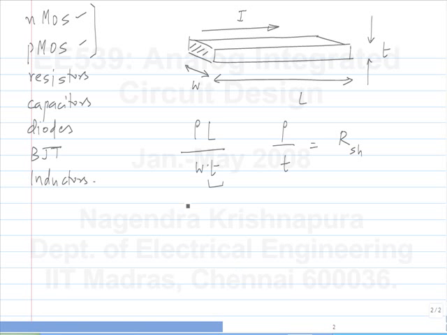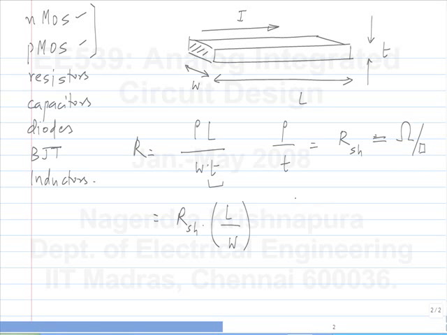So the resistance is the sheet resistance times L by W. Again, it is specified as some ratio of quantities over which you have some control. And the units of sheet resistance are resistance itself, but it's typically referred to as having units of ohms per square.